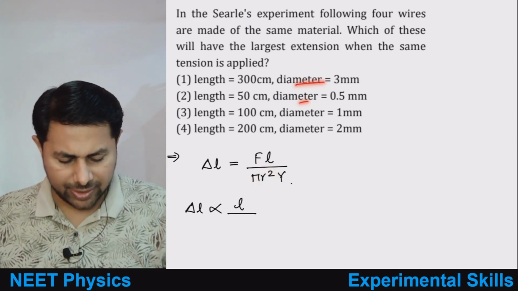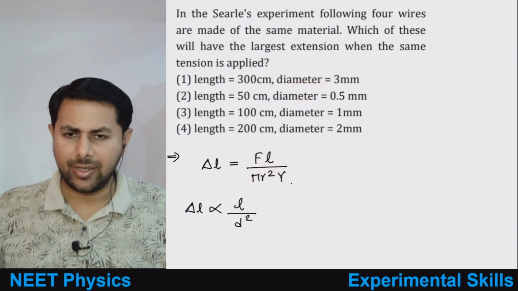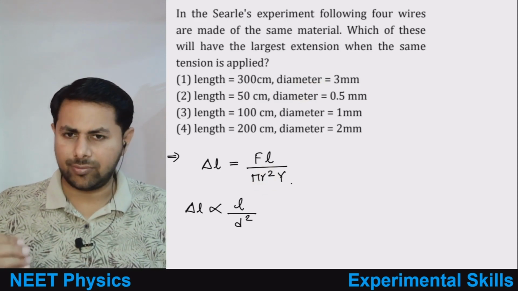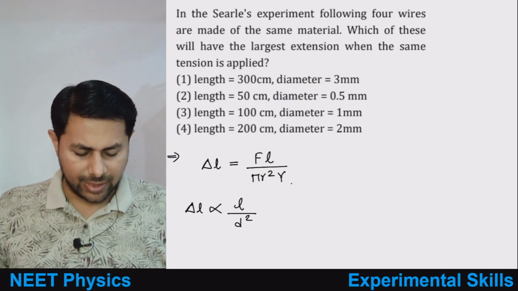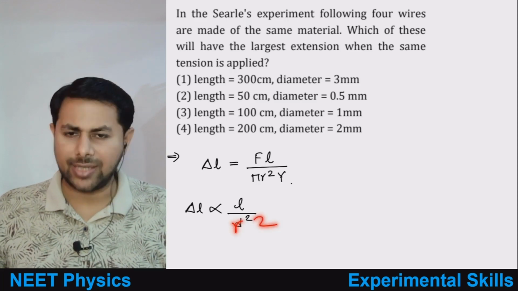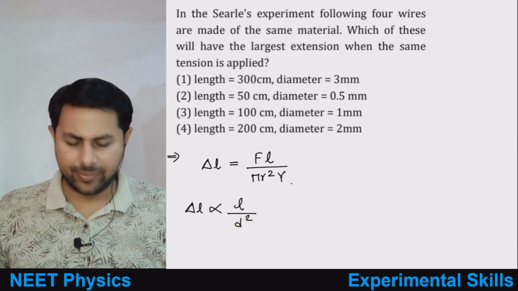Because here diameter is given instead of radius, you can say it's inversely proportional to diameter square, because it's inversely proportional to R square and diameter is just 2 times R.